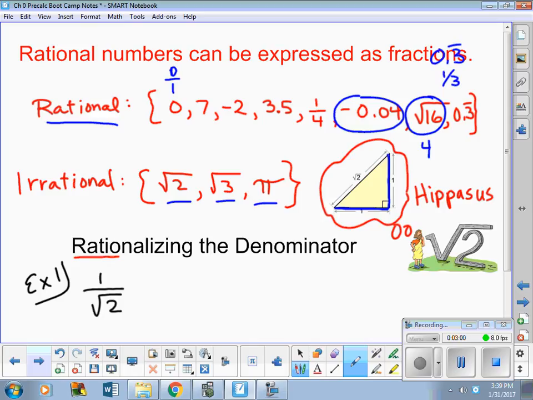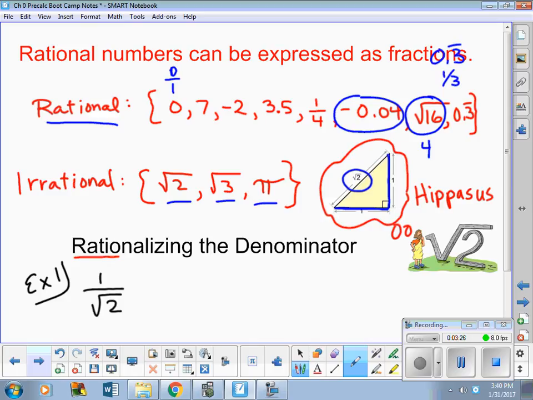It's a right triangle, a 45-degree triangle. The other side is 1 also. And that means this hypotenuse, according to Pythagoras himself, is square root of 2. Square root of 2 is an irrational number because it cannot be expressed as a fraction. In fact, irrational numbers cannot be expressed as a decimal unless it goes on forever and doesn't repeat.